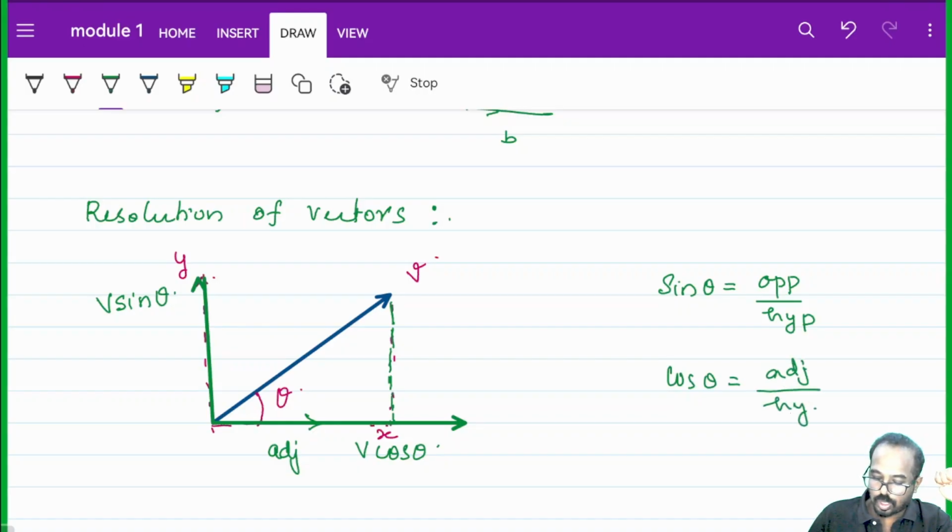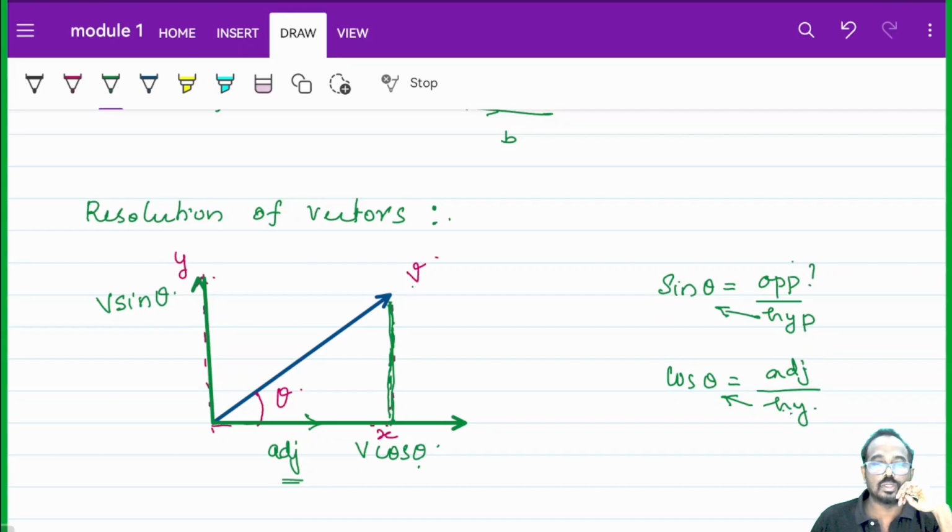You require the adjacent side here for the x-axis component, so you cross multiply: hypotenuse multiplied by cos theta. What is the hypotenuse? V. So V cos theta, right? If you require the opposite side, the perpendicular component is equivalent to the opposite side of the triangle, so you cross multiply: sin theta into hypotenuse. What is the hypotenuse? It is V.